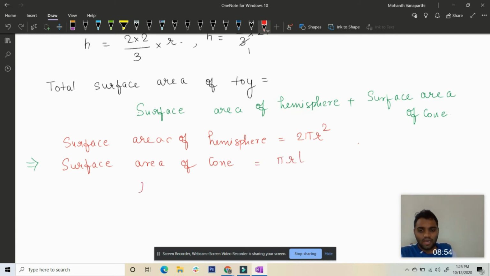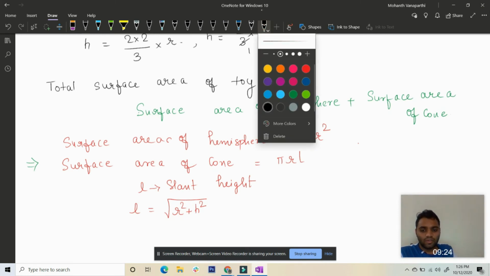Here l indicates slant height. The formula for finding slant height is l is equal to square root of r square plus h square. Now here in this step only we shall find out the slant height for the given cone.